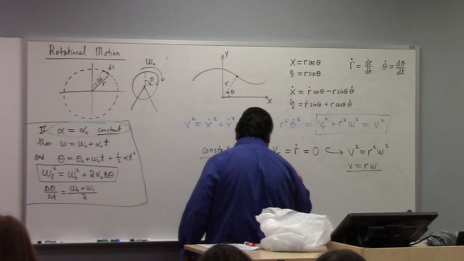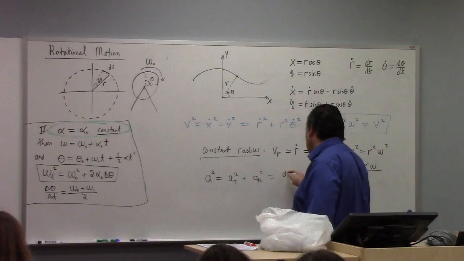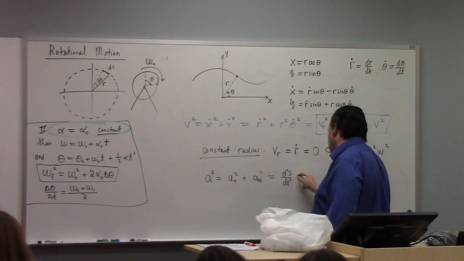And that is d squared s dt squared, the formula for the tangential acceleration. And the normal part we could write as v squared over r, quantity squared.